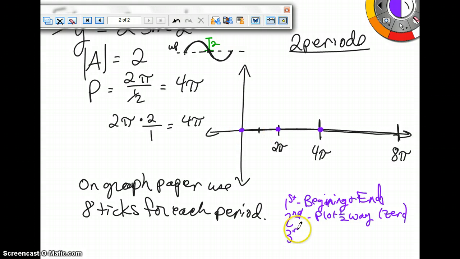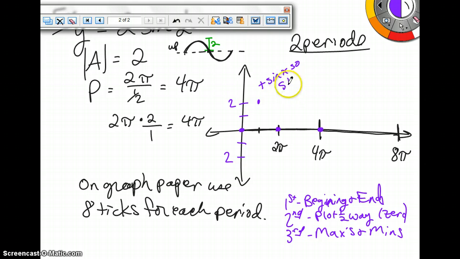Okay, so third, do your maxes and mins. Our amplitude is 2, so here would be 2 up and 2 down. I need to know how high to put those maxes and mins. So halfway between 0 and 2 pi, I'm going to come up here and put my max because it was a positive sine.